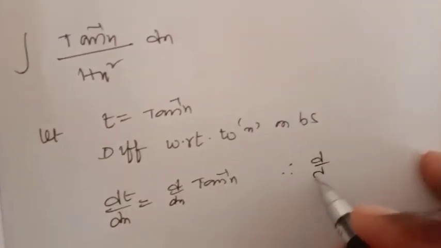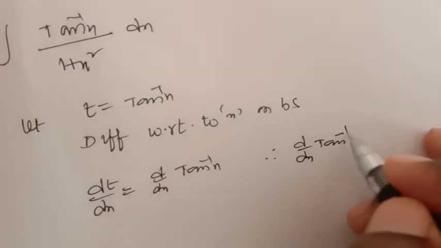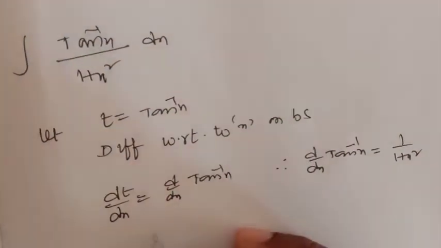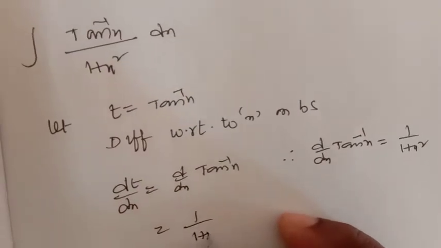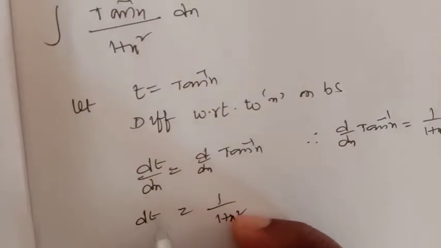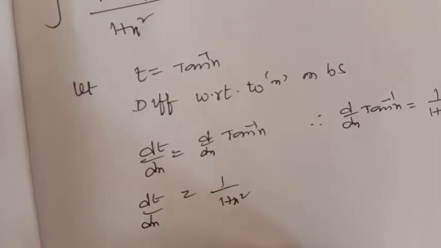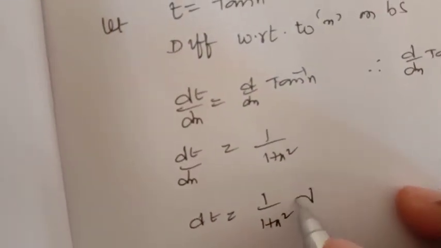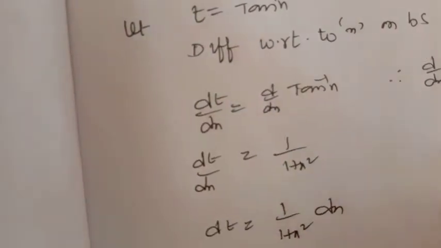Here we have d by dx of tan inverse x equal to 1 by 1 plus x square, that is 1 by 1 plus x square equal to dt by dx. Then dt equal to 1 by 1 plus x square into dx.